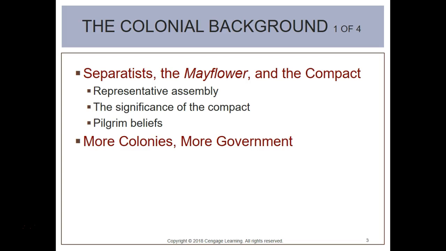All right, so we start off during colonial America. Again, this lecture is very brief and concise, so take it upon yourself to look more into the book, The Separatists, the Mayflower, and the Compact. Okay?